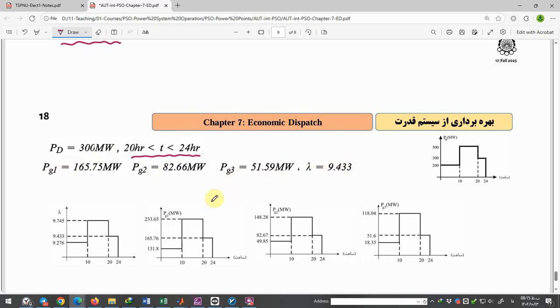So we can see that lambda in the first period is 9.2, in the second period 9.7, and in the last period 9.4.